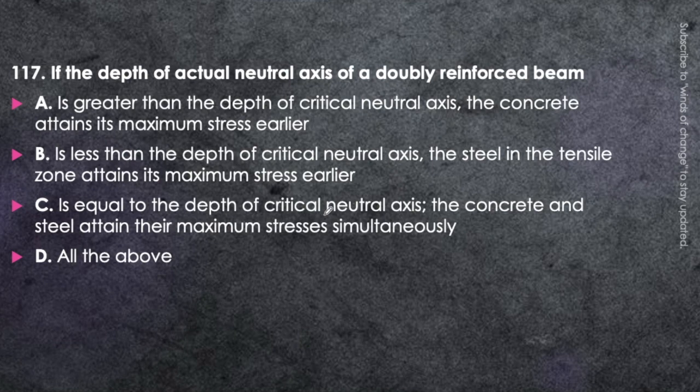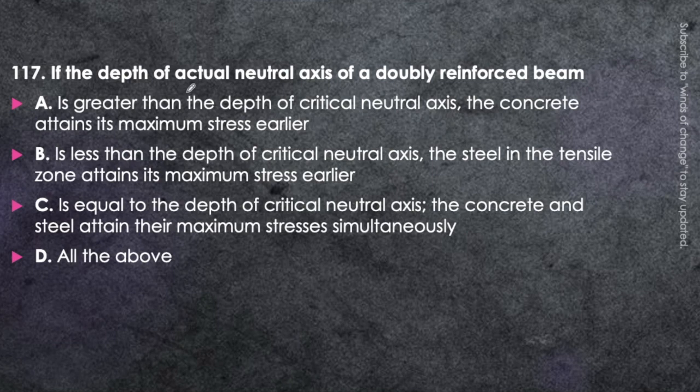If the depth of actual neutral axis of a doubly reinforced beam is greater than depth of the critical neutral axis, the concrete attains its maximum stress earlier. Is less than depth of critical neutral axis, the steel in the tensile zone attains maximum stress earlier. Is equal to the depth of critical neutral axis, the concrete and steel attain their maximum stress simultaneously, or all of the above.